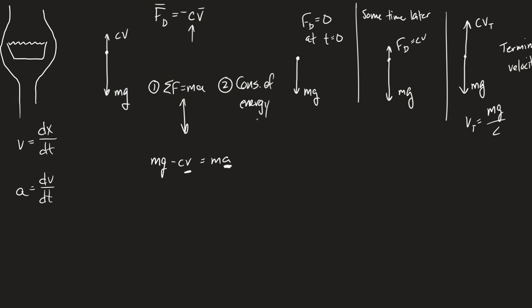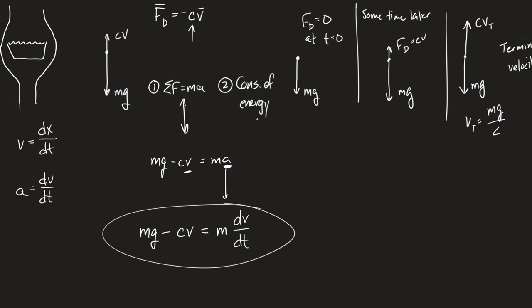But now that I've identified it, I want to substitute in a differential that matches one of the other variables. v is a variable that will be there if I substitute in dv/dt for a. So that is the right thing to do. I am going to substitute in dv/dt for the acceleration. And that's it. We have created a differential equation that could be used to solve for v as a function of t.